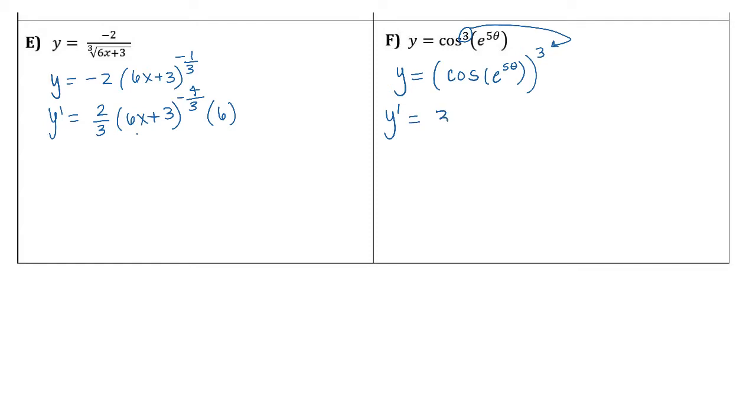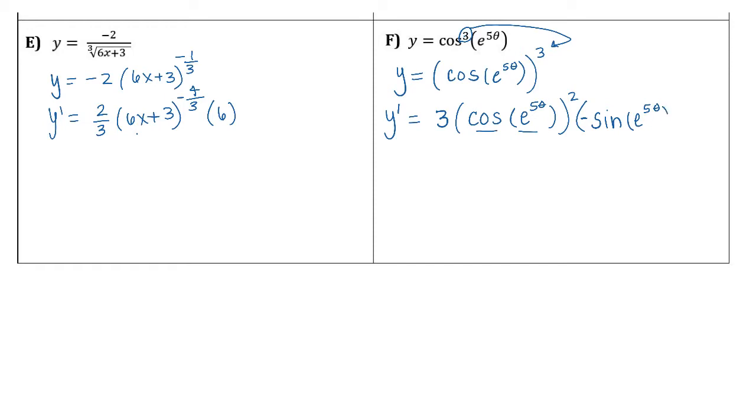We are going to do the derivative of the outside first. So all of that just gets rewritten to the 2nd power. But now we have to do the derivative of the inside. So the derivative of cosine of e to the 5 theta is going to be negative sine of e to the 5 theta.